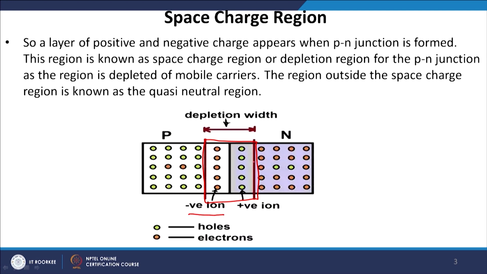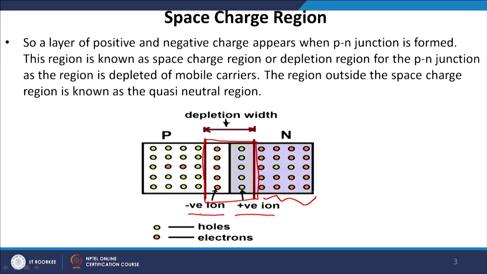When the electron has moved from n side to p side, it has left positively charged immobile impurity ions there. So, these impurity ions which are negatively charged and positively charged on both sides of this junction cannot move, they are not mobile charge carriers. That is why this area is devoid of any movable charge carriers, and that is why it is called the depletion area.